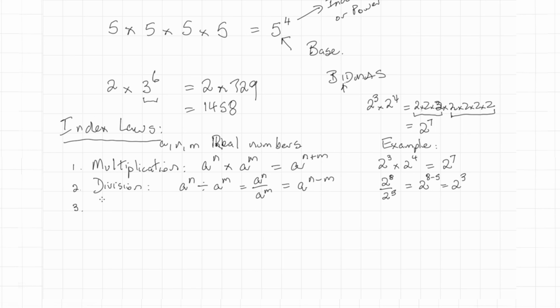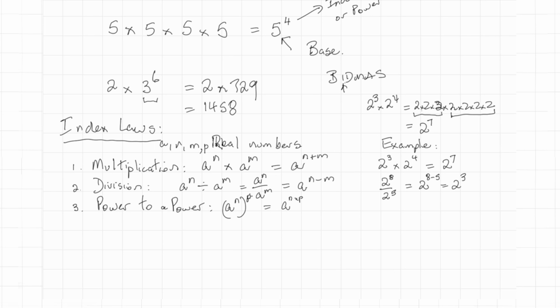Next is a power to a power. So that's a to the n. So we're going to have another letter here, so we'll put that p. A to the n, all raised to the power of p, is a to the n times p.